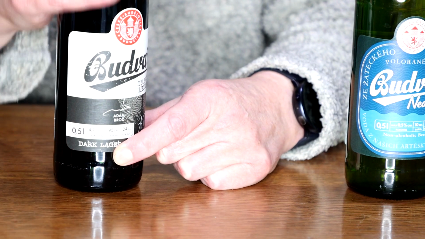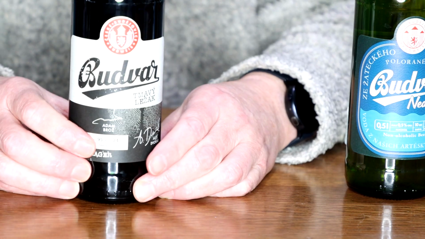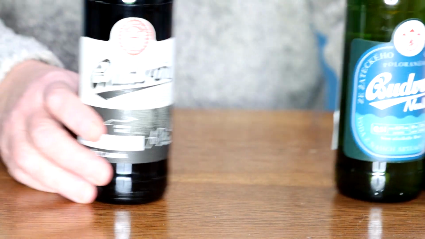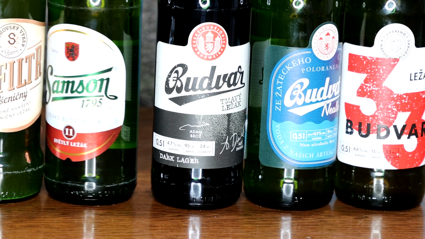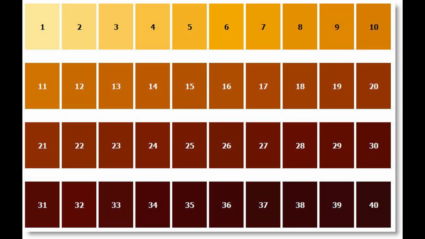So it's a very, very dark beer, but 24 on the bitterness side. So it's quite a mild, dark beer. This scale only goes from 1 to 40 on the European Brewery Convention, but it gives some idea of the colours that we can see on the beers.